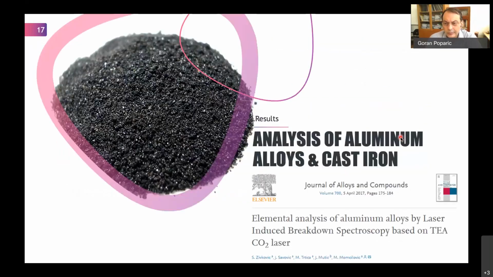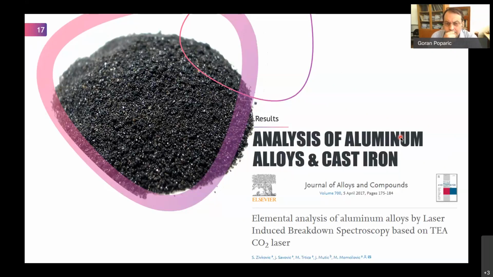The next thing we wanted to do is the analysis of metallics, which can be really hard because most metals have high reflectivity to the wavelength of our carbon dioxide laser. But Dr. Miloš Momčilović found an easy way to overcome this problem.